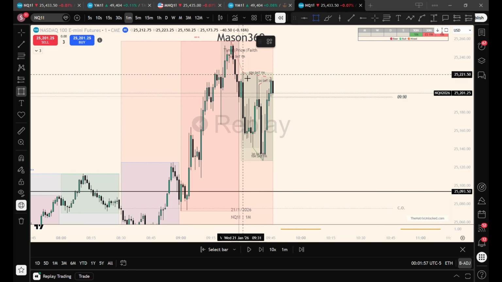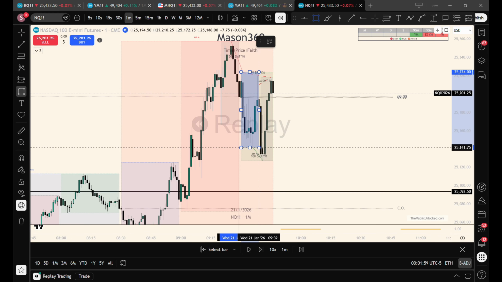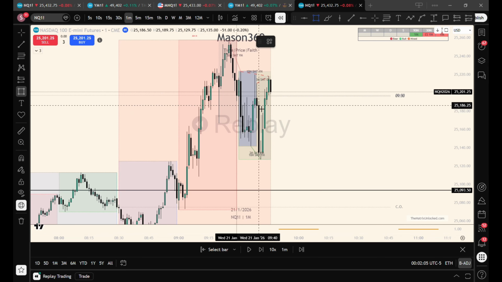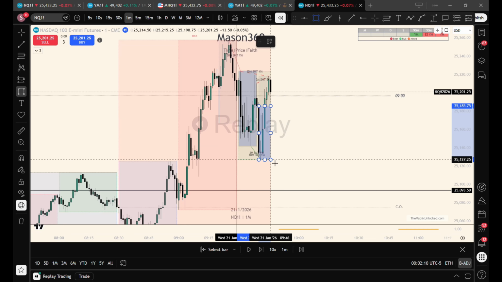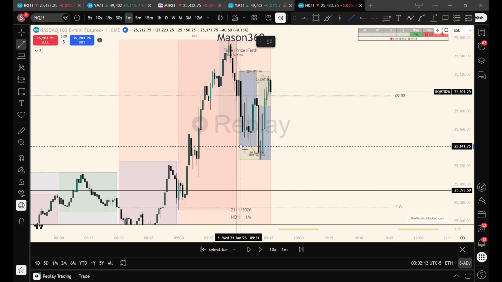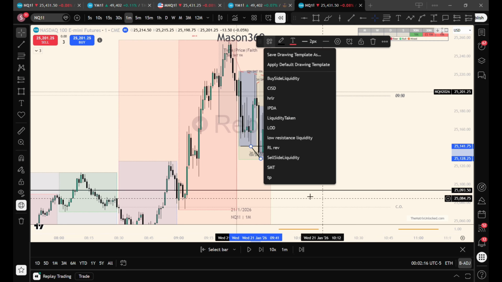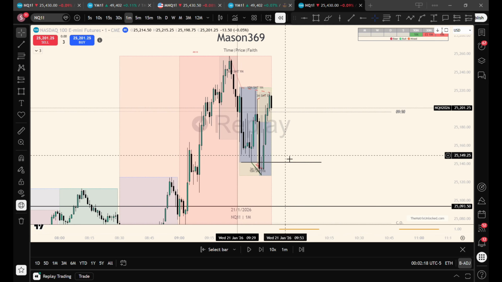But what we can see is the market sets a 10-minute cycle range. The next 10-minute cycle opens up at 9:40. And what do we see? This is going to be the opening price right here. We open, immediately drop down, taking out the low of the previous 10-minute cycle while having SMT present, right?